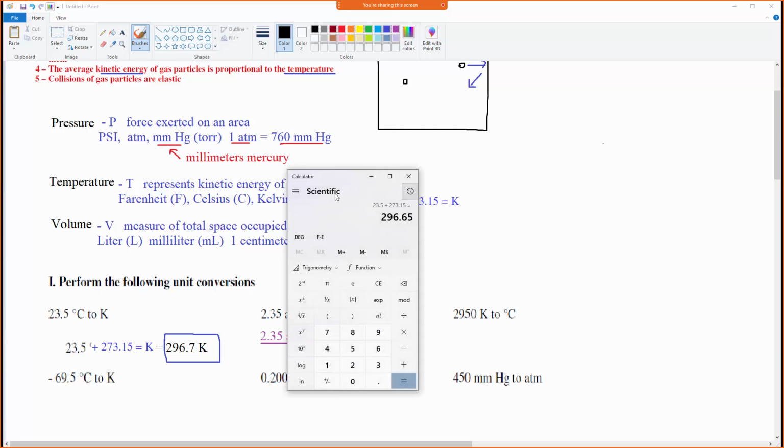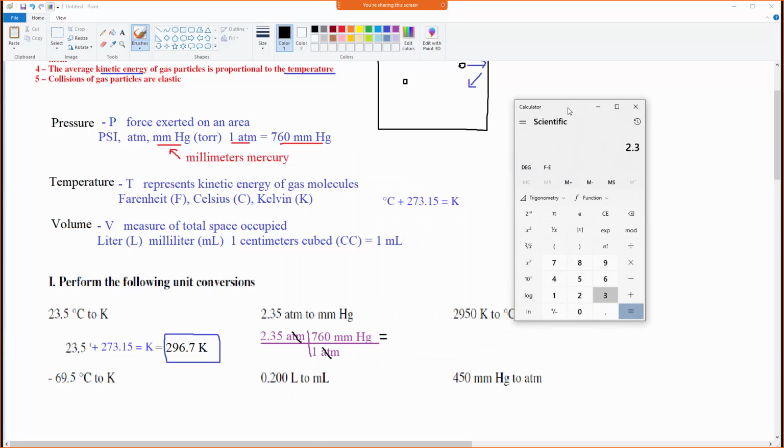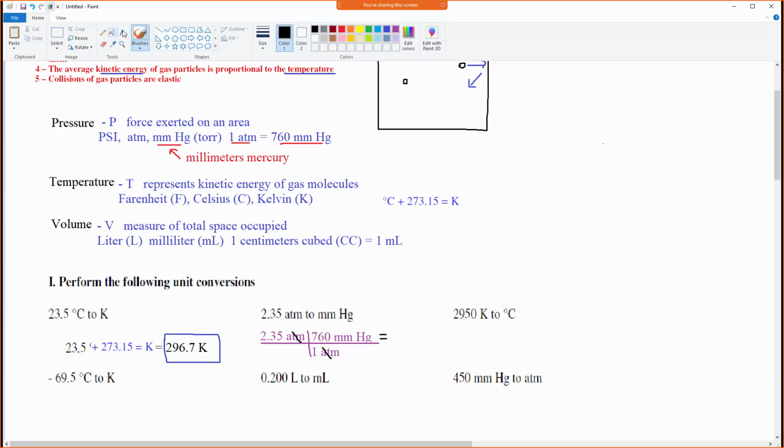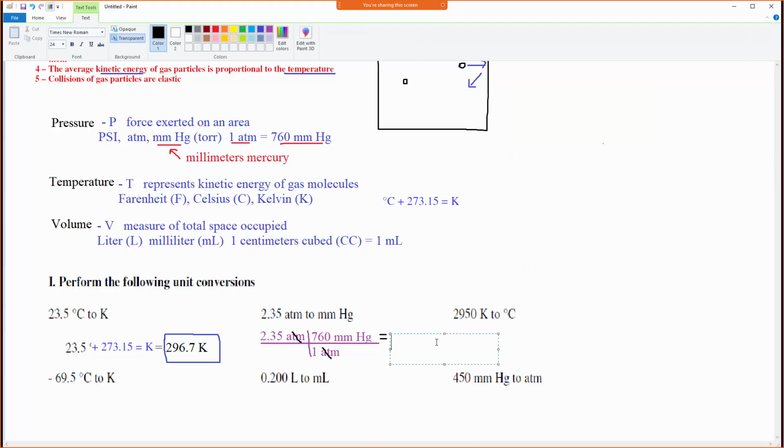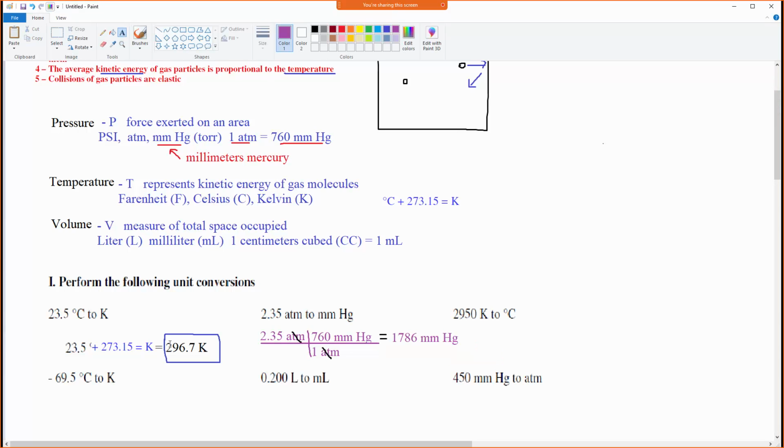So you can see these aren't necessarily difficult, but the trick is to know which formula or which method to use to solve what. The answer is 1786. So in this case, I used dimensional analysis, whereas in the first one, I used algebra, right?